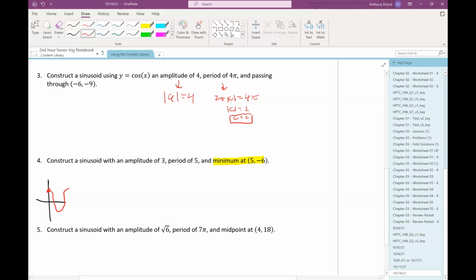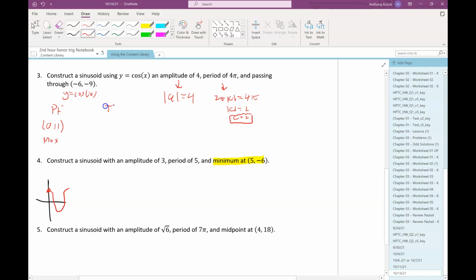Okay. So, because we have to use cosine, we're told that in the problem, the point from the parent function I'm going to use is 0, 1, and that's a maximum. Again, I want to choose the ones where the x-coordinate is 0 because it makes finding the h trivial.